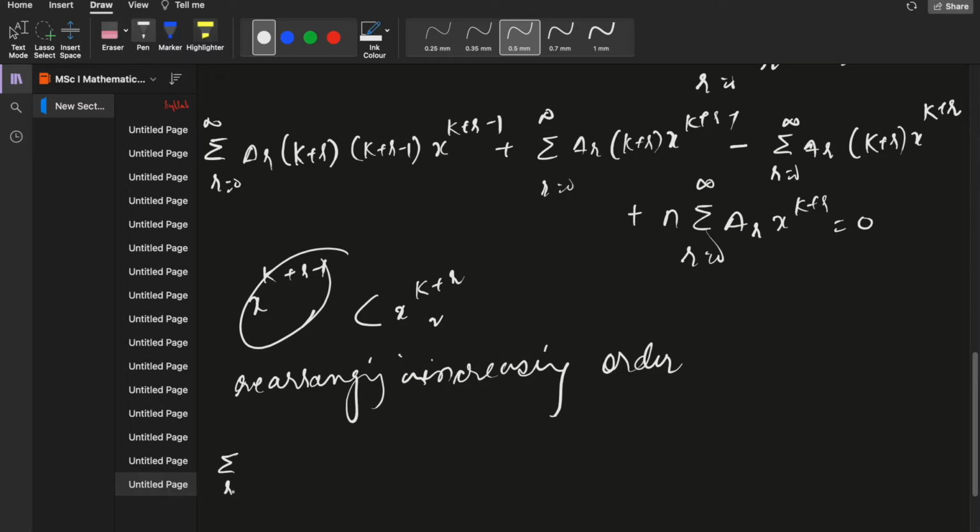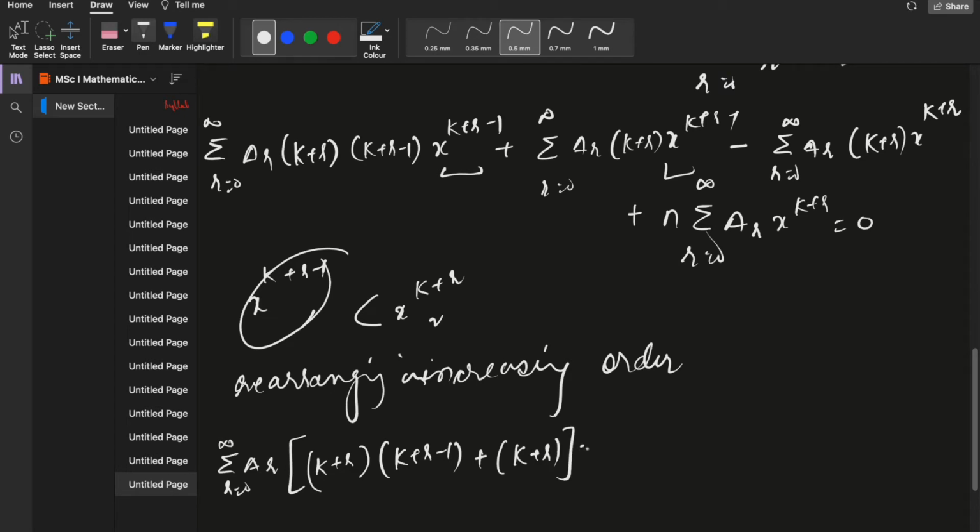This gives summation r tends to 0 to infinity ar. I can see x to the power k plus r minus 1 appears in two terms, so I can take this common. This becomes (k plus r)(k plus r minus 1) plus (k plus r), multiplied by x to the power k plus r minus 1.